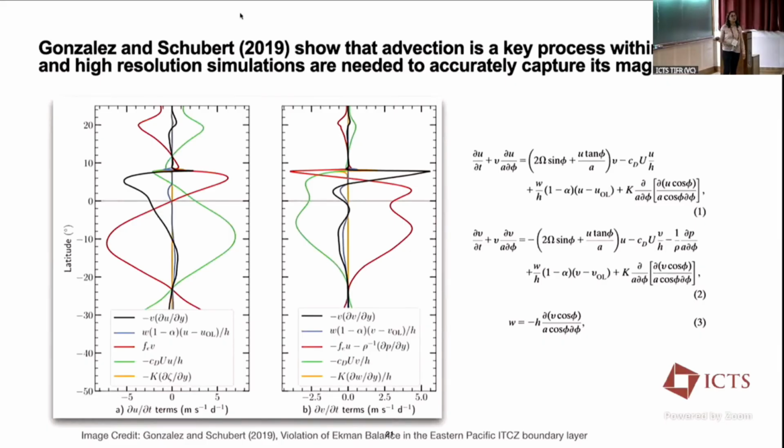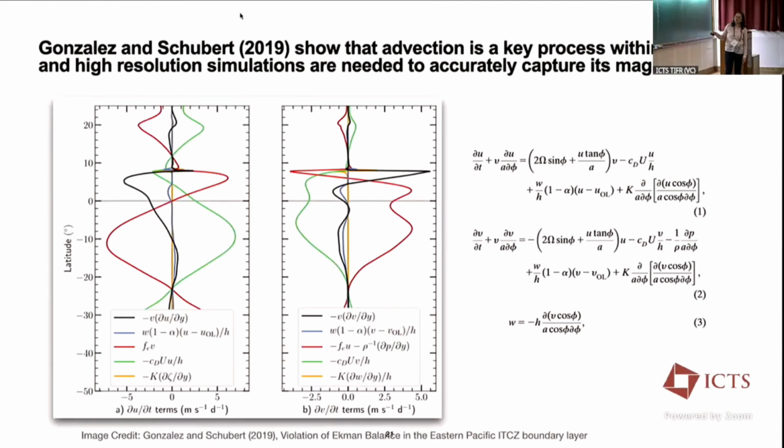tendencies in the meridional momentum equation. And you see that near the equator, south of the equator, it's fairly close to zero, and the dominant balance is between friction and the sum of Coriolis and pressure gradient.